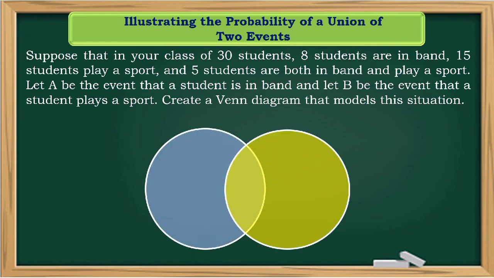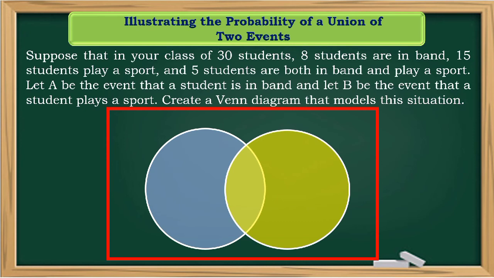So we have two circles, A for the event that students play in a band, and B for students who play a sport.